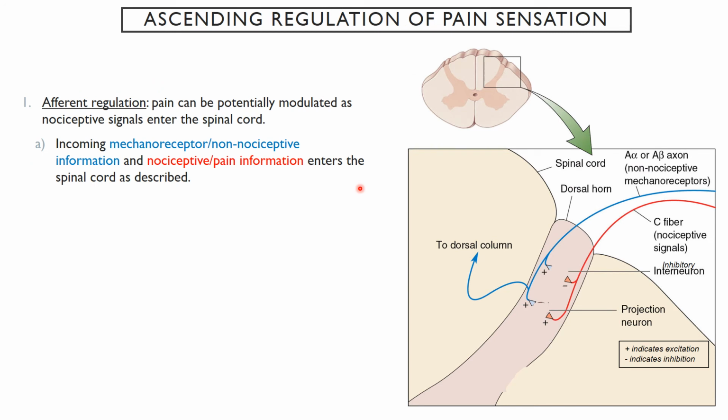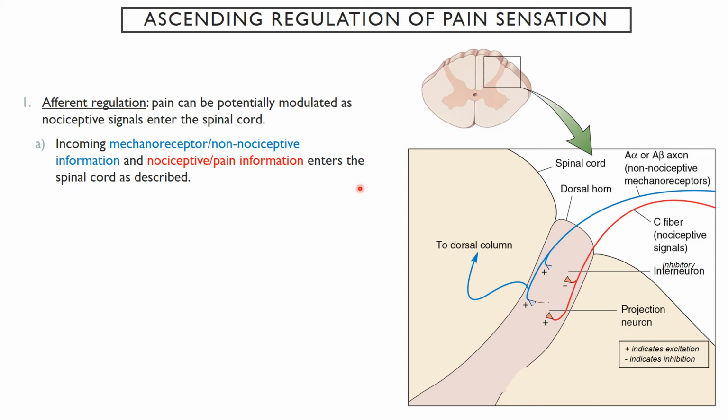Ascending regulation of pain sensation is, like I said in the previous slide, controlled in the spinal cord itself. And there's going to be some additional details to the mechanosensation side of things that I didn't discuss in any detail in the previous lecture.